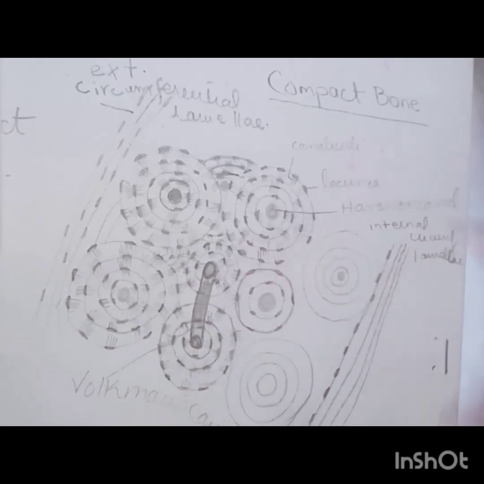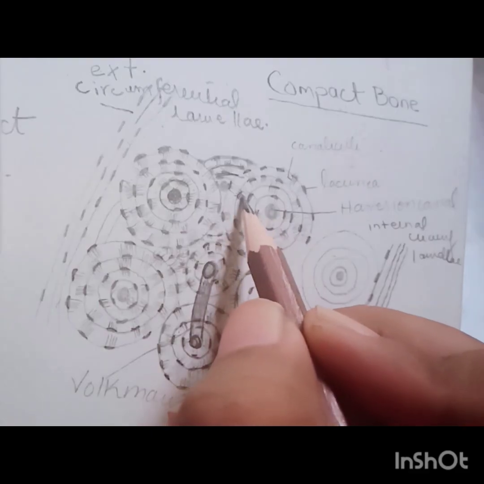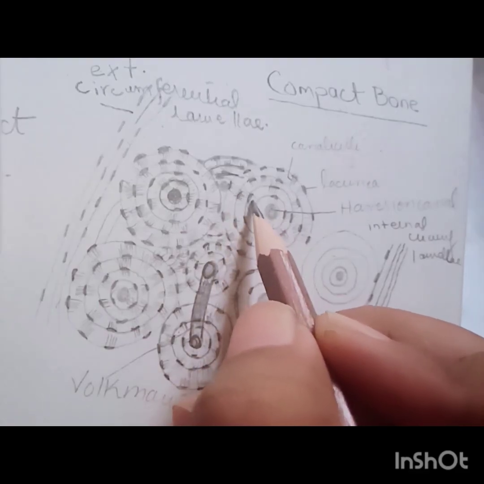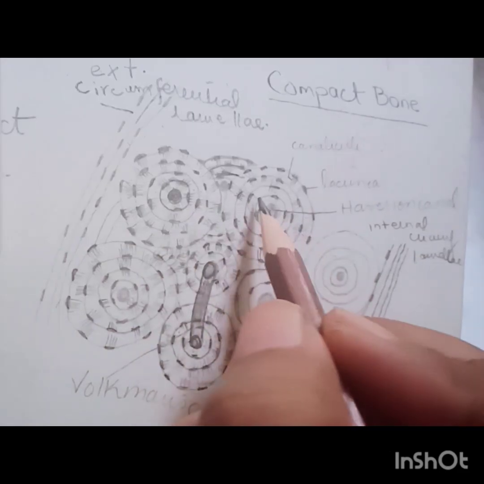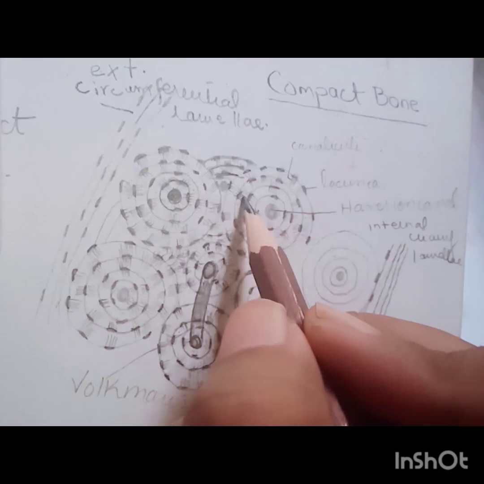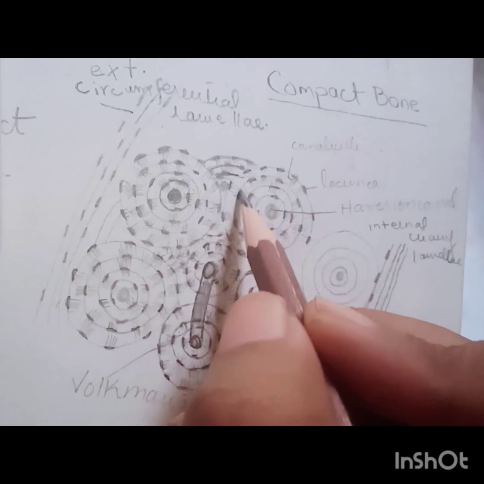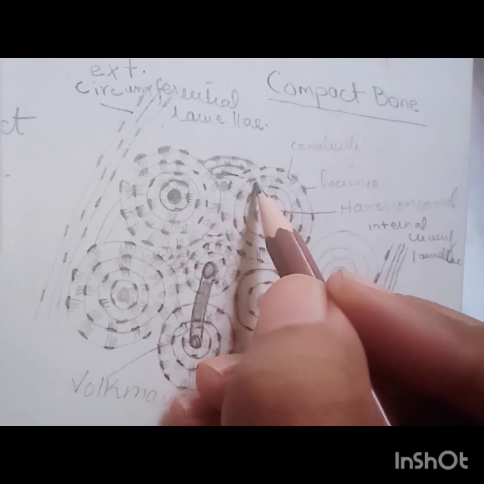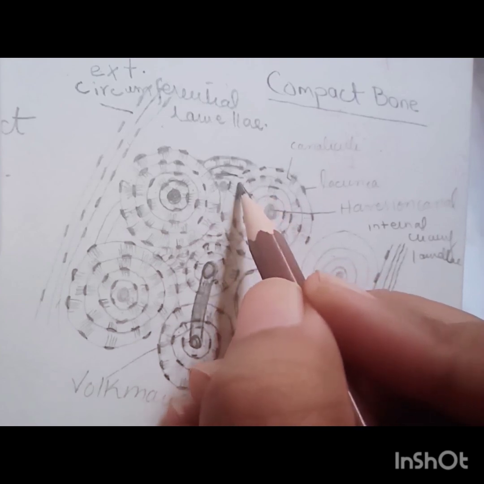All right. Then you will see tiny canal-like structures radiating from these lacunae. These are called the canaliculi. They anastomose with the canaliculi of the lacunae present on the alternate lamellae of the bone.